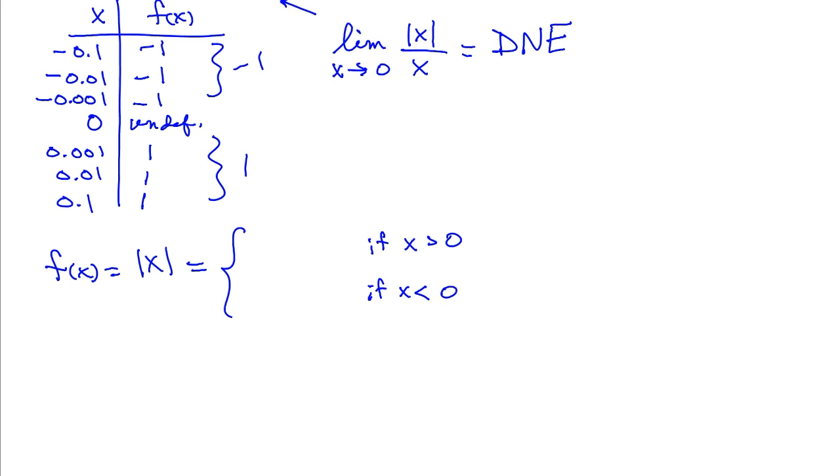So, for example, what is the absolute value of 3? 3. What did you do to the 3? Nothing. What's the absolute value of 7? 7. What did you do to the 7? Nothing.